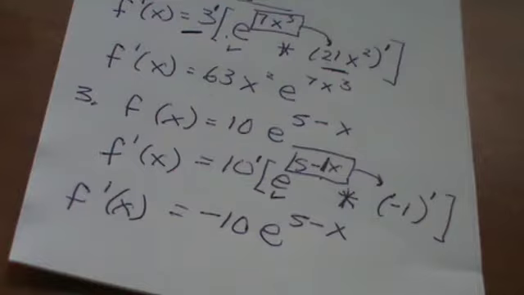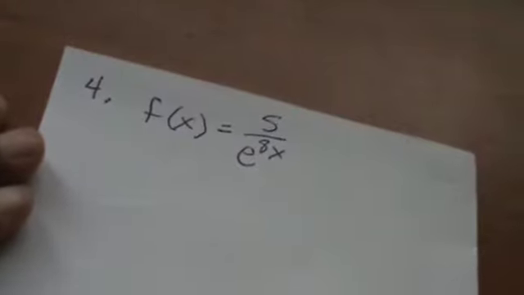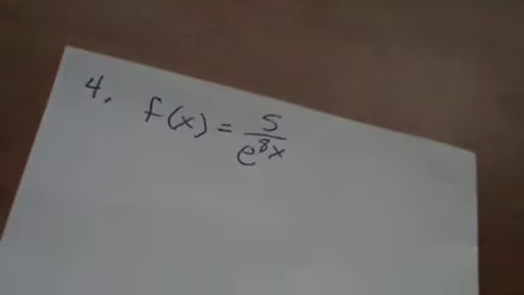And the fourth one reads as such. f of x equals 5 over e to the 8x. Alright, so it would be helpful for us to have the exponentials in this form right here.